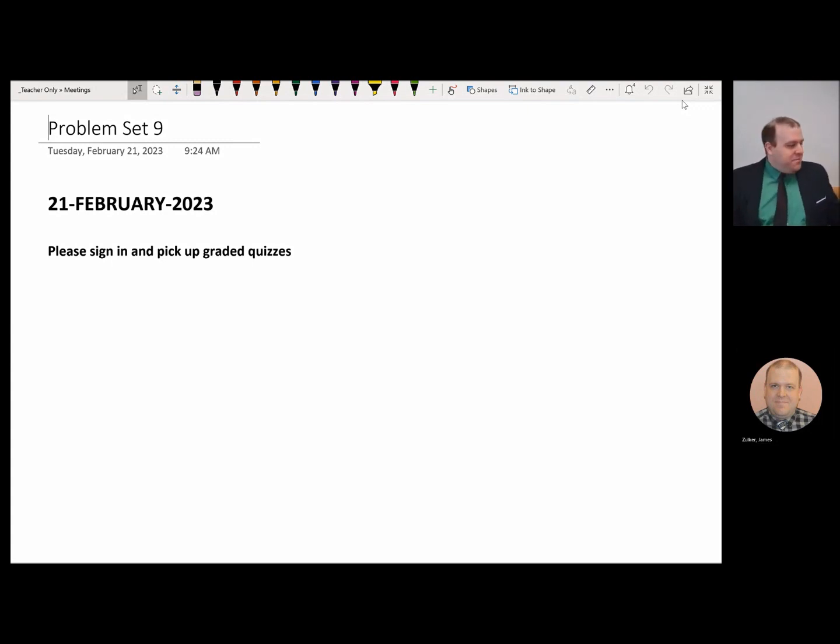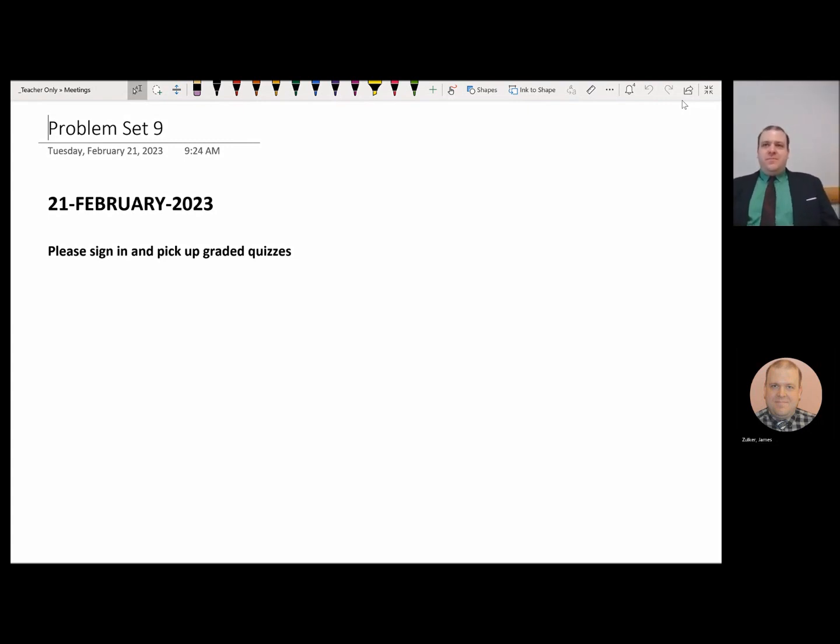What we're going to focus on for the most part is projectile motion and circular motion. Specifically, if you're going around a curve. All right. So when you go around a curve, you have two components of acceleration.